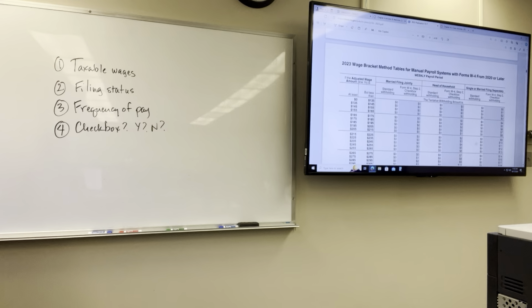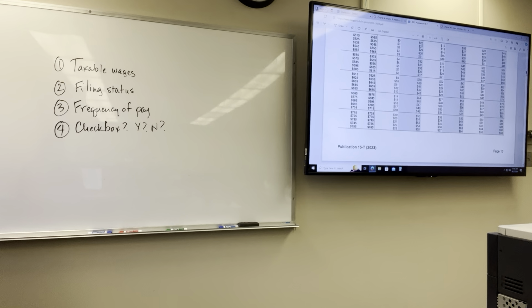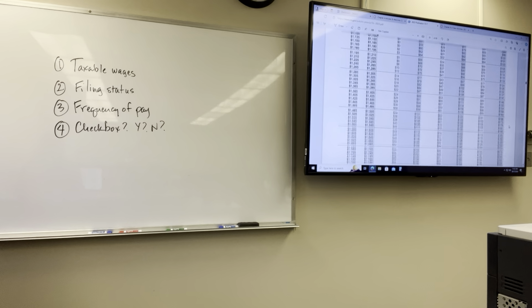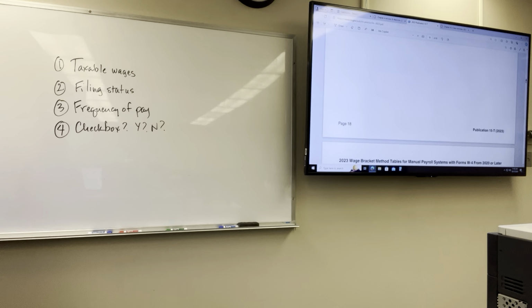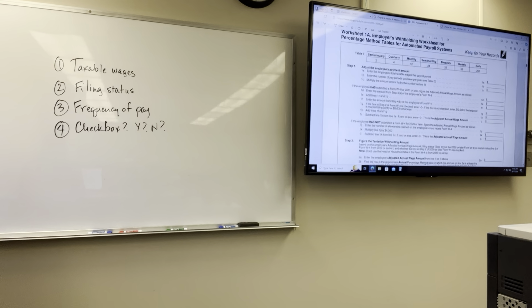So recall that in order to use the wage bracket method, we have to be under a certain amount of income. So let's take a look at the income levels here for the different pay frequencies. All right, page 12.